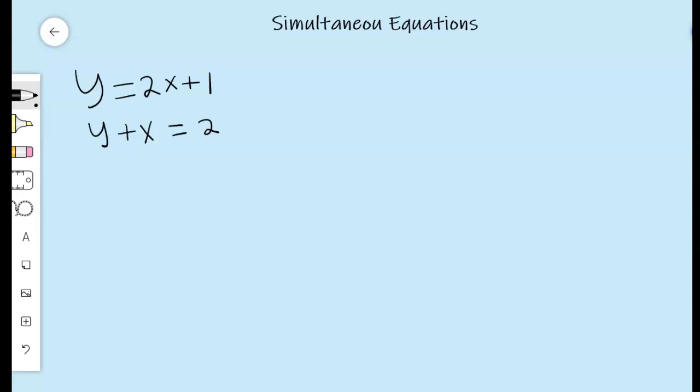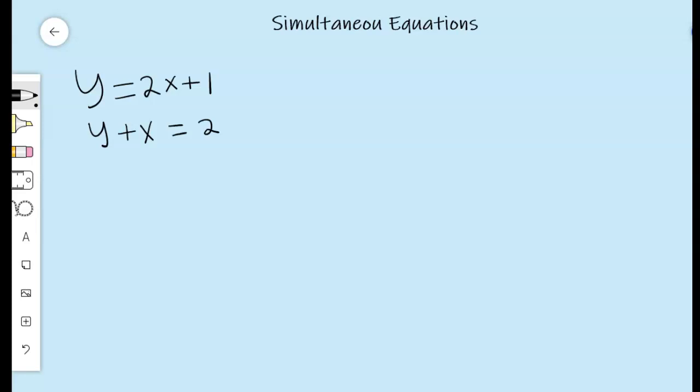As you go to other parts of the world, for example, in the US, they will call this one a system of equations. In the UK and in Ghana or West Africa, they call it simultaneous equation, but all of them are the same.